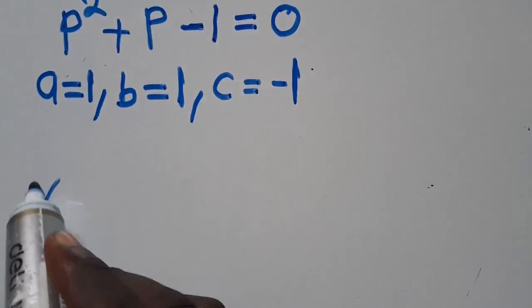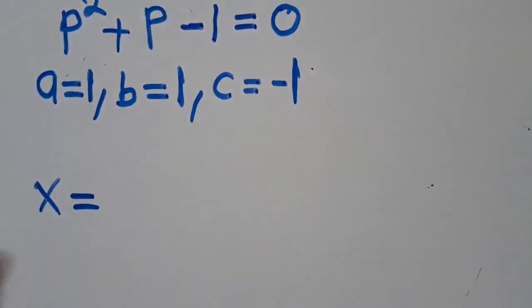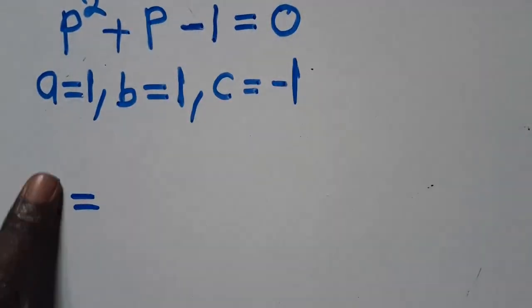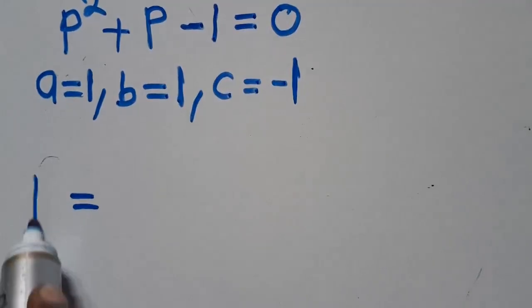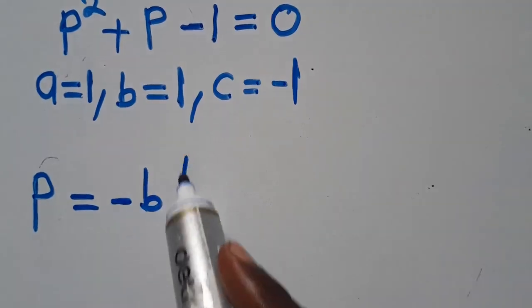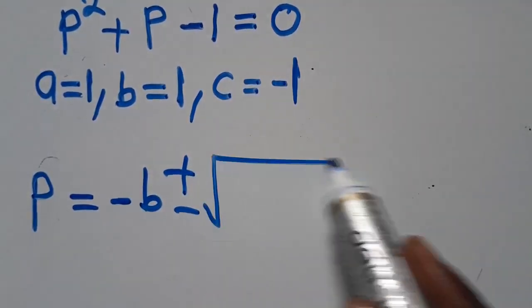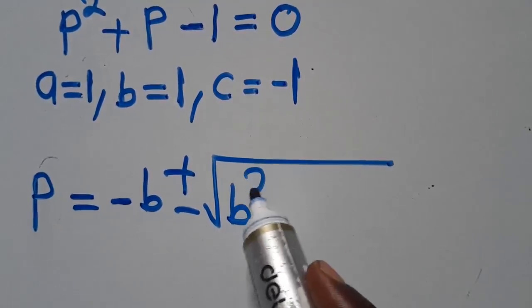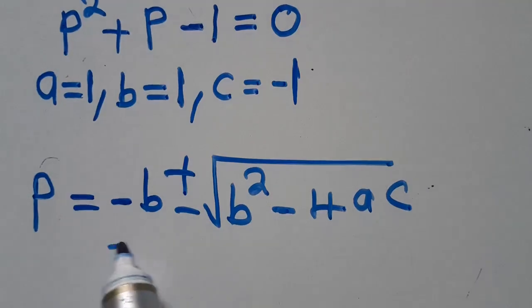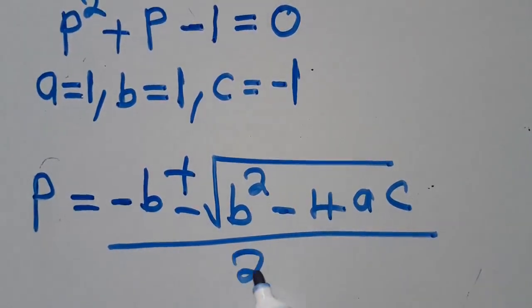Are we going to write x is equal to? No, where is this x coming from? We are having P in the equation, so you put P here. P is equal to negative B plus or minus the square root of B squared minus 4AC, over 2A. You just substitute.